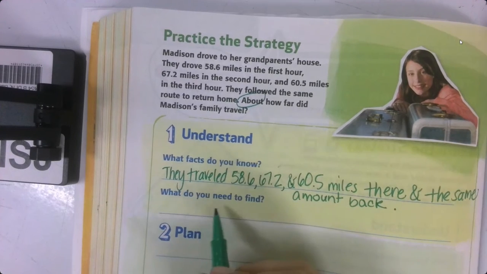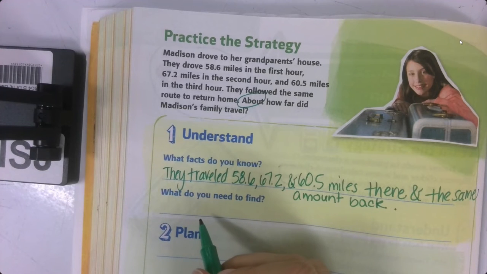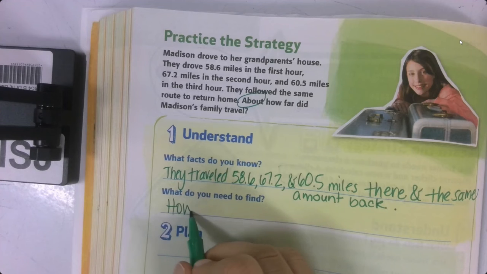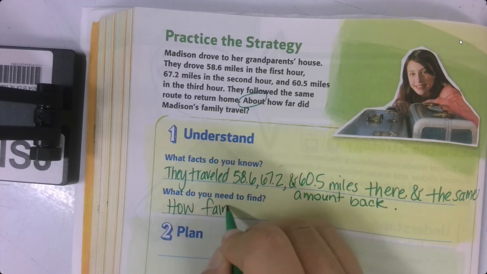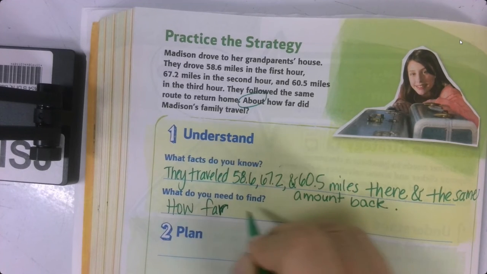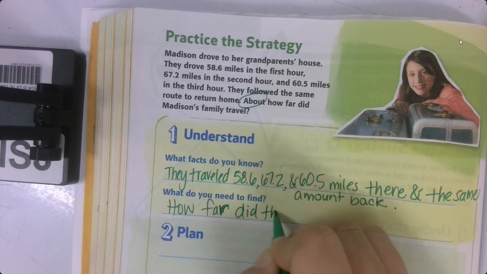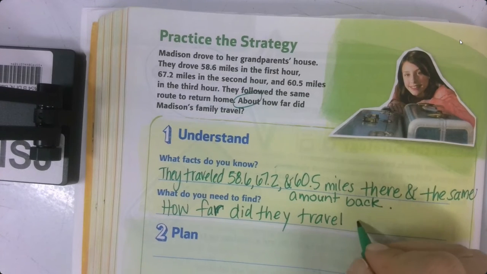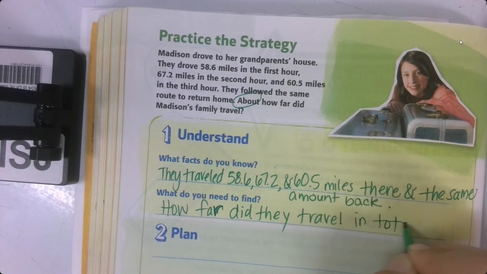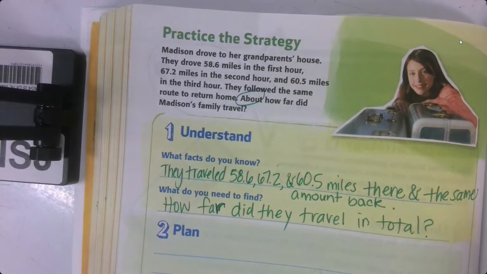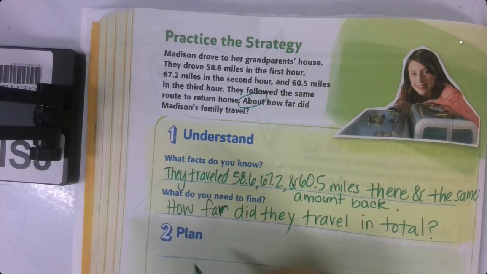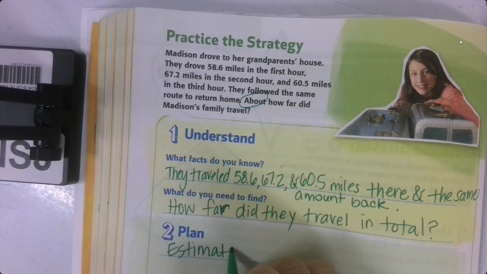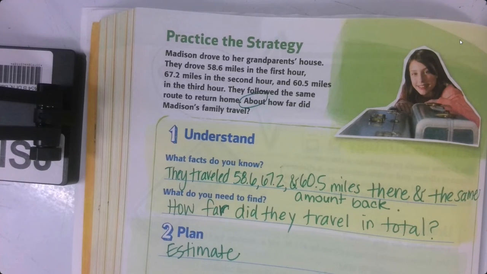Okay, what do we need to find? About how far did they travel in total? Our plan, since it's an about, will be to estimate and then multiply by 2, right, for the return home.